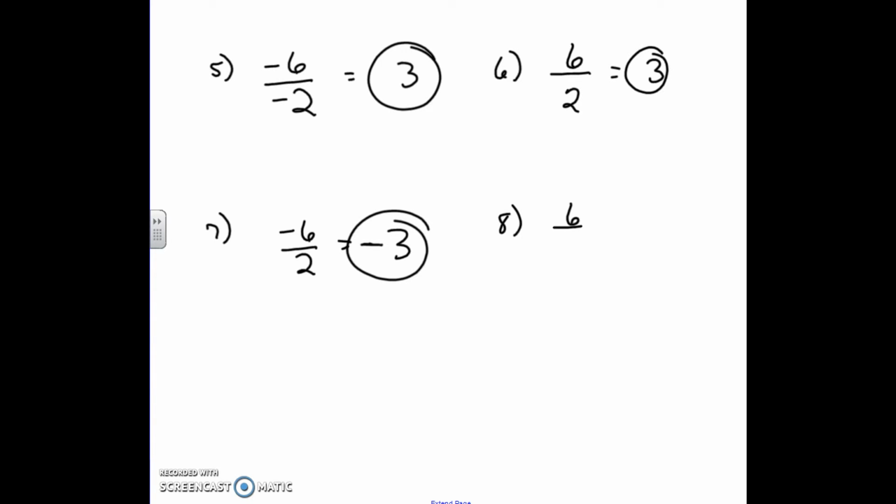Or if you have 6 divided by -2, the answer is a -3 because 6 divided by 2 gives us 3, 6 is positive, 2 is negative, and unlike signs, the answer is negative. So all you have to remember when you're multiplying or dividing integers, positive or negative numbers, if the signs are alike, the answer is positive. If the signs are different, the answer is negative.